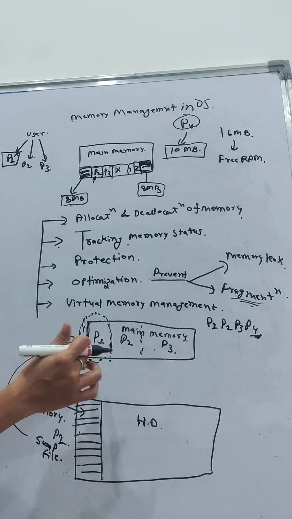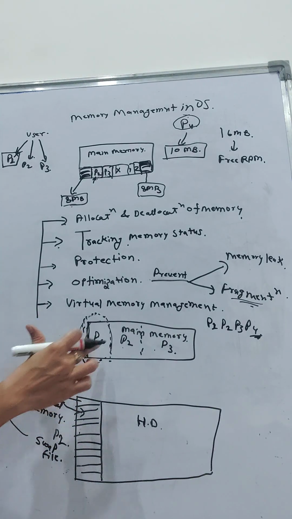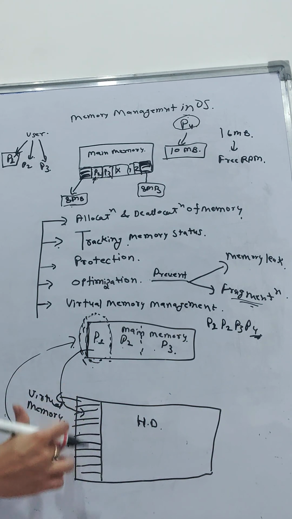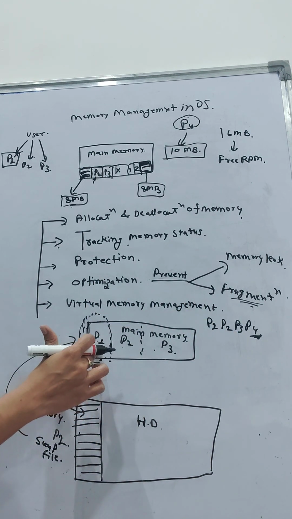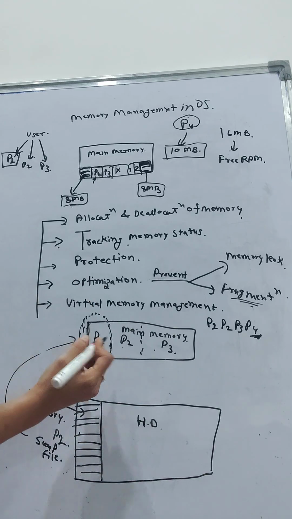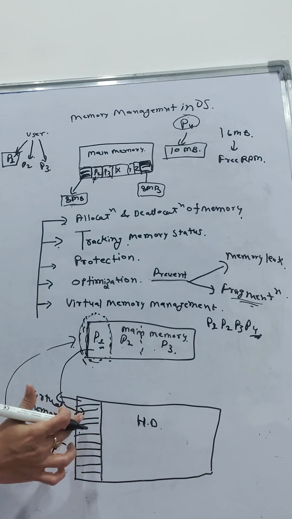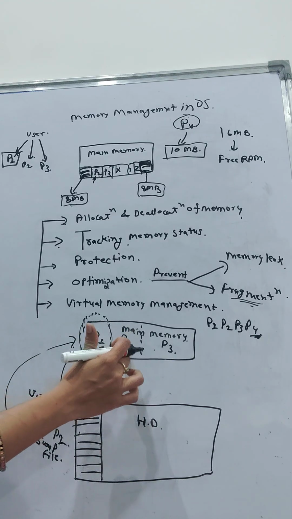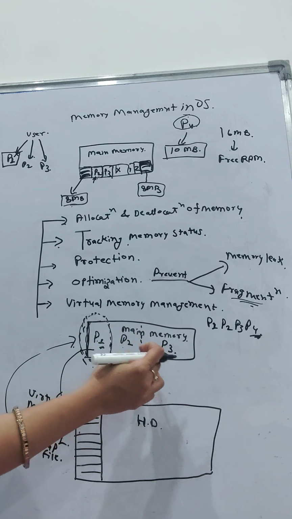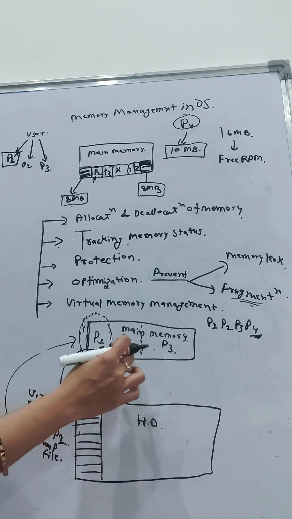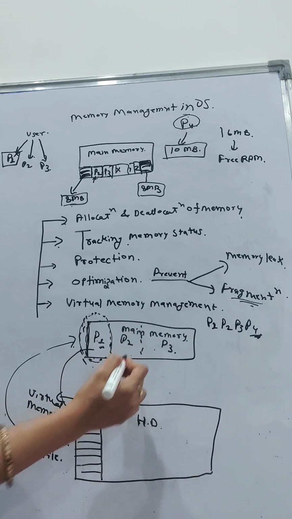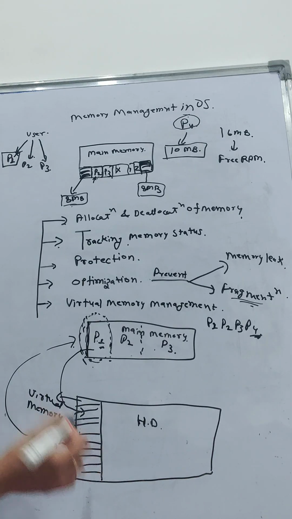So the operating system will move this P1 to this virtual memory area, and P4 will be executed. The moment the user wants to use P1 back, it will again move P1 into the RAM, and again choose a less used process from the main memory and move it to the virtual memory.